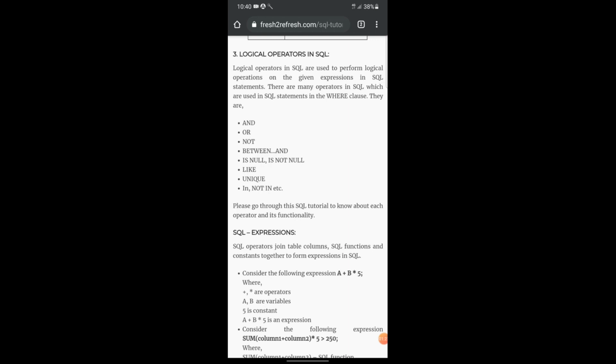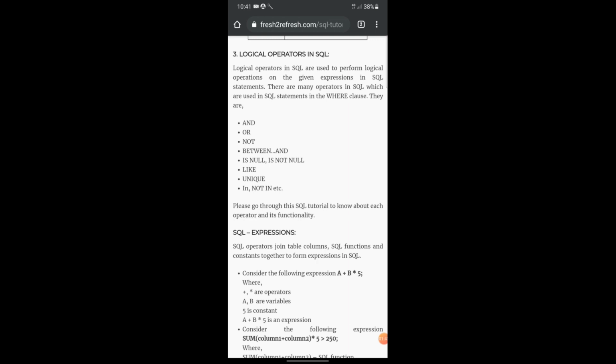Rather, you have to use the logical operators. There are mainly 8 kinds of logical operators present in SQL. We need to understand their work, and we have to use them combined in our SQL expressions to retrieve the data from our database.